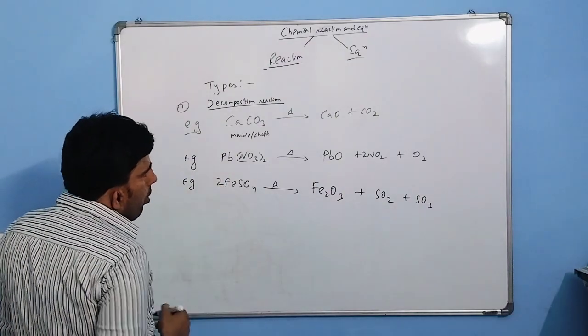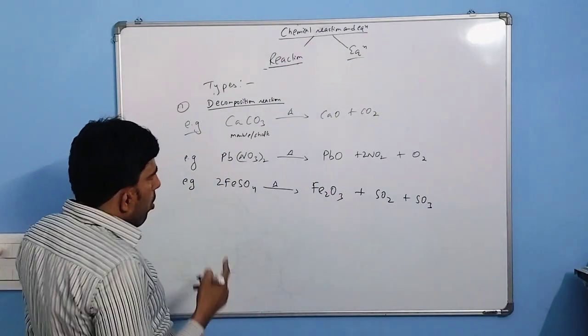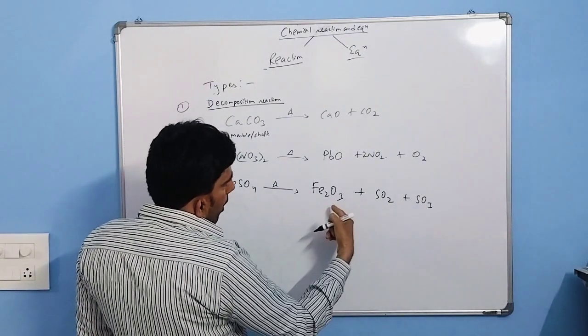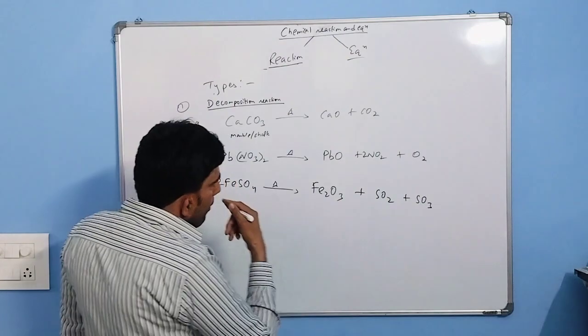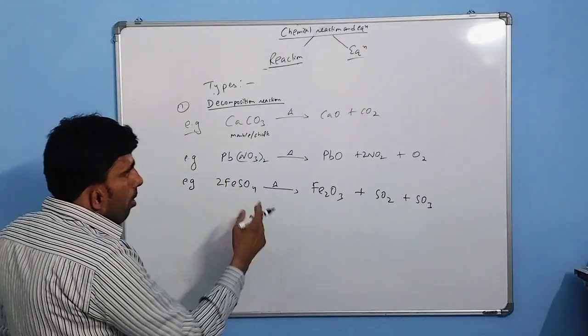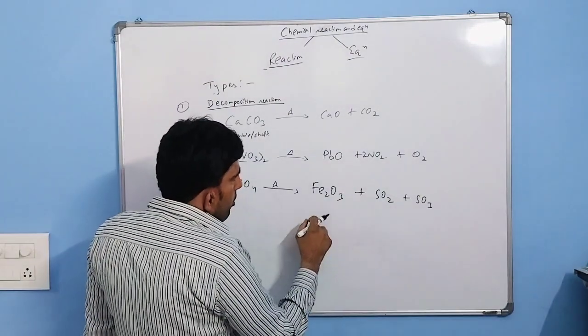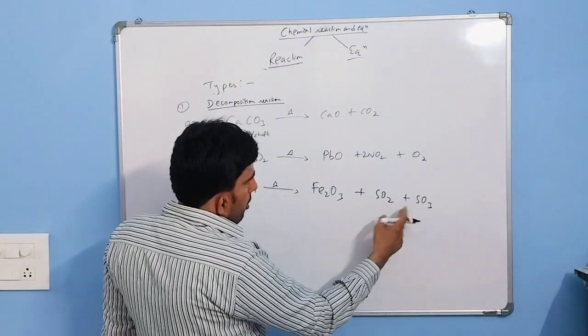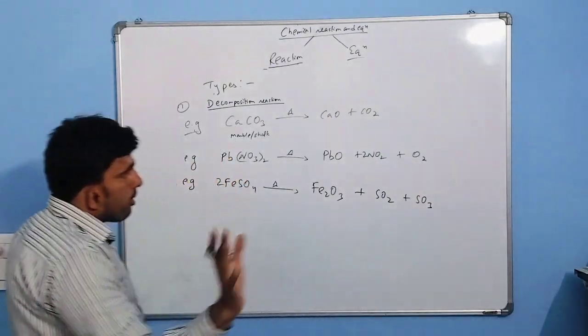We have 2 sulfur. Now oxygen we have 8. So 2 plus 3, 5, plus 2, 7. Or with iron oxide, 3 plus 3, 6, plus 2, 8. Oh sorry, it's already balanced now.